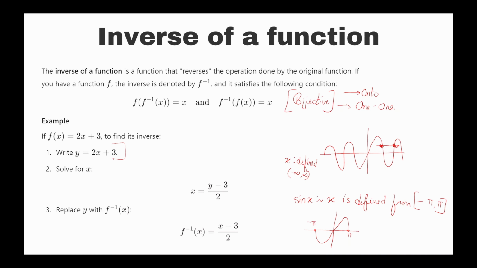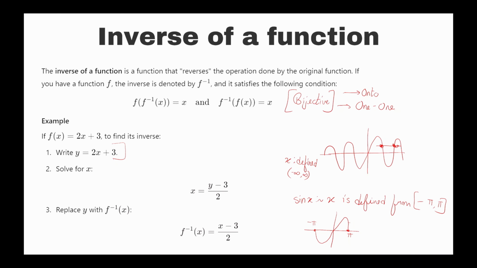Now you must be again thinking that here also I have two values for which I'm getting the same y, right? However, it is not the case here. For sine x, when we define it from minus pi to pi, we can still call it a one-one function.